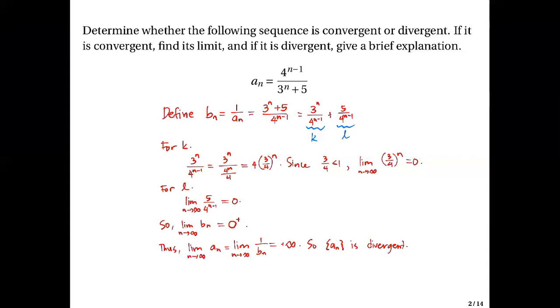So this is one way to determine whether this sequence is convergent or divergent. Another way is, you can define your a sub n as a function of x, replacing n with x. Then you can apply L'Hopital's rule. And still you will get plus infinity.